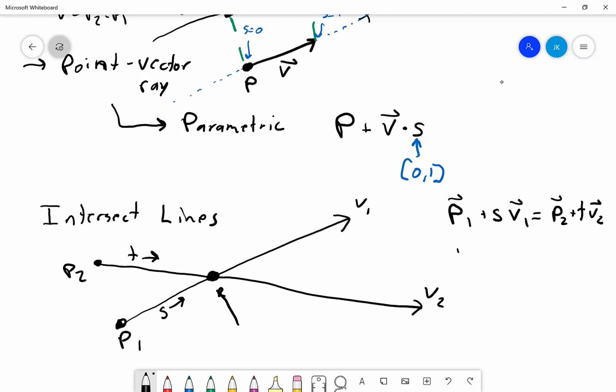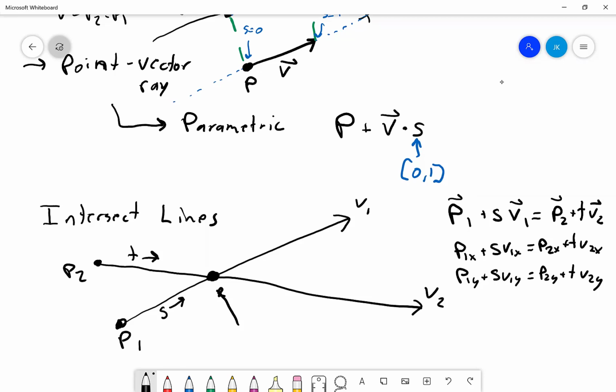And so the way we can write that is p1x plus s times v1x equals p2x plus t times v2x. And likewise for y, p1y plus s times v1y equals p2y plus t times v2y.